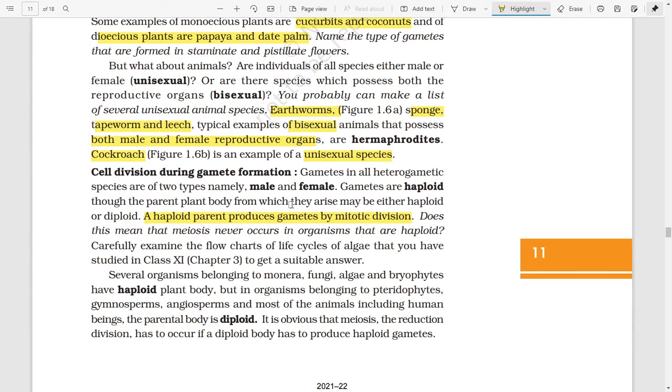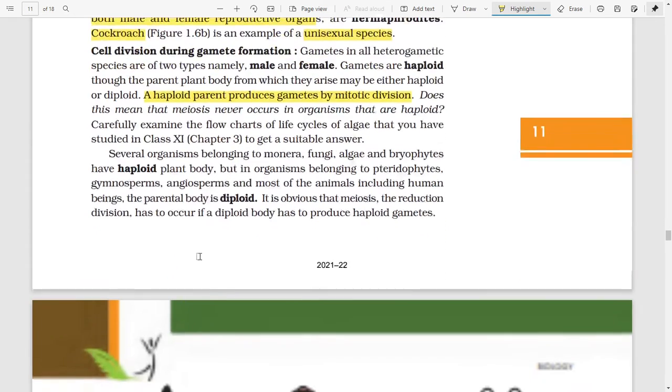Does this mean that meiosis never occurs in organisms that are haploid? No. After the formation of the embryo, they repeatedly undergo mitosis, and for the new spores they form by meiosis. Carefully examine the flow chart of the life cycle of fungi that you have studied in class 11 to get a suitable answer.